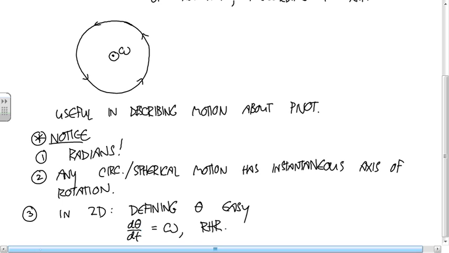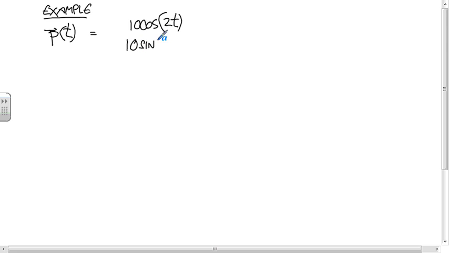Okay, let's do some examples. The first example, say that your position function as a function of time is equal to 10 times the cosine of 2t, 10 times the sine of 2t.